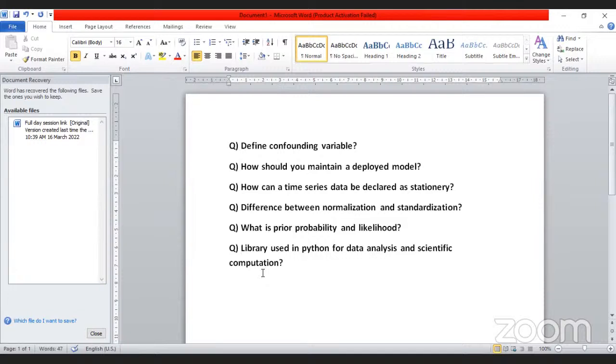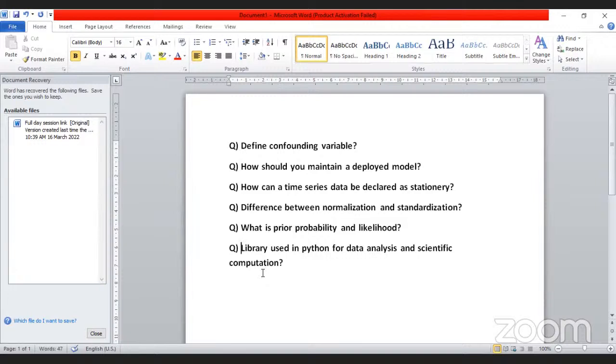Okay. So there are libraries present in Python that we use for data analysis. Names of those libraries are SciPy, Pandas, Matplotlib, NumPy, Scikit, Seaborn.